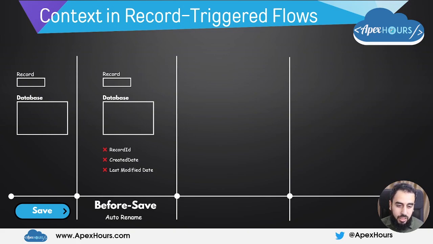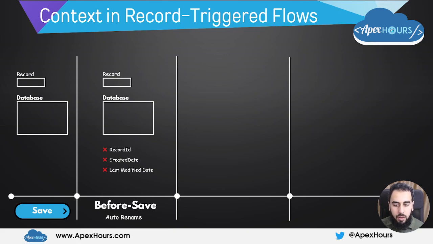So it's as if someone is actually typing it down on the record before it actually gets saved to the database. So fast field updates run the moment you click save, and they perform some updates on the record, like renaming the name field, doing something in the description field, updating some date on the record, some updates on the record that triggered the flow, not on any other record. It's only on the record that triggered the flow.